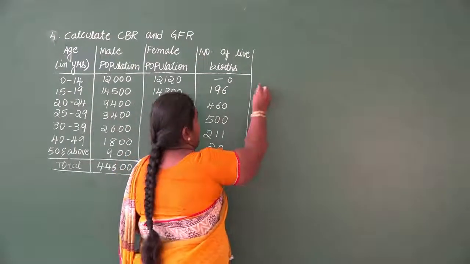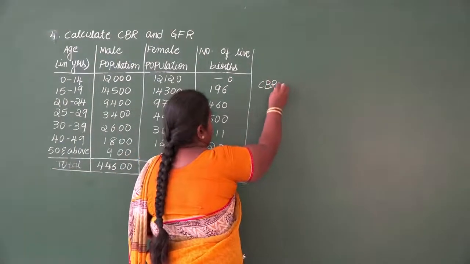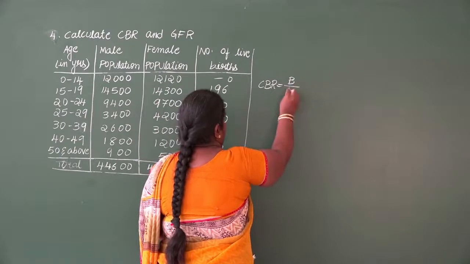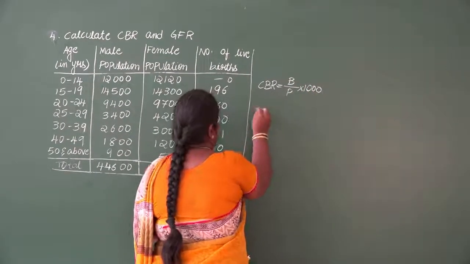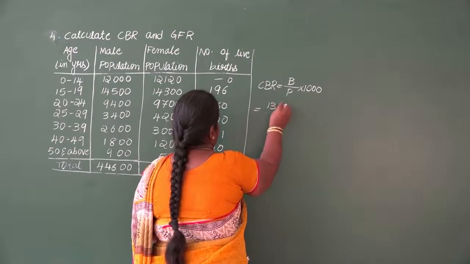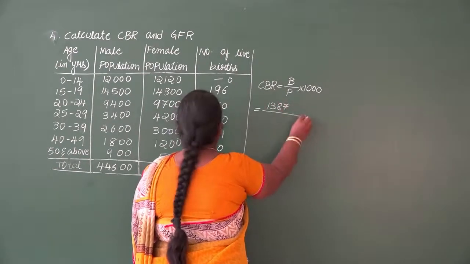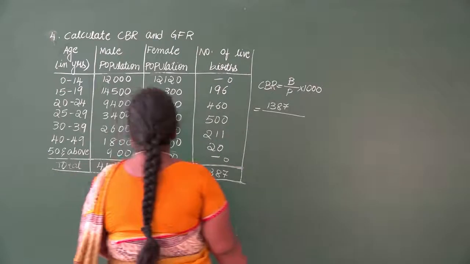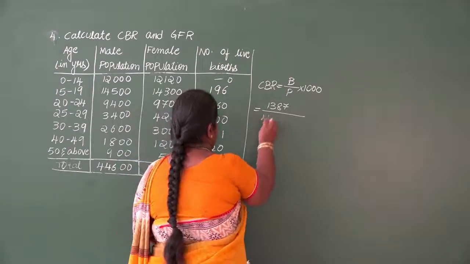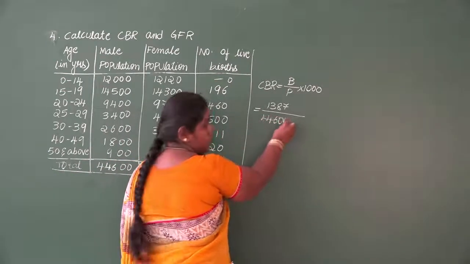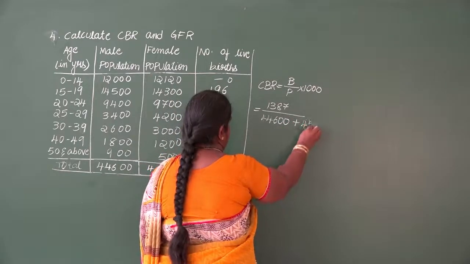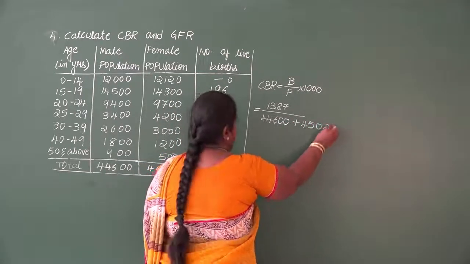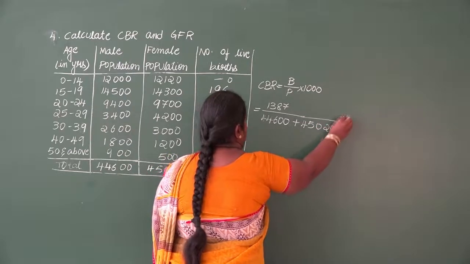So now we have to calculate the CBR. It is B divided by P into 1,000. So the B value is 1,387 divided by 44,600, the male population value, plus the female population value, 45,020, into 1,000.